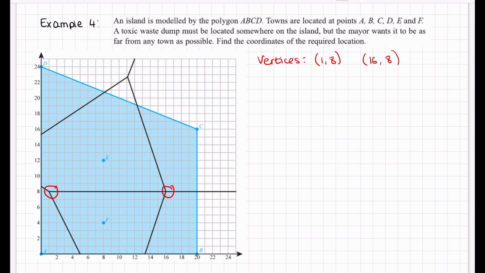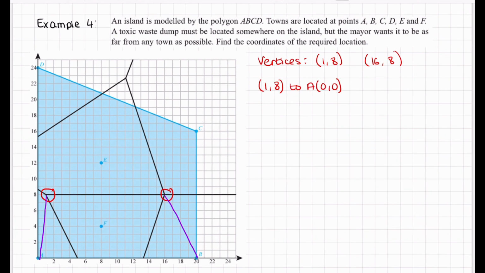Now these vertices, we have to remember, will be equal distance to each of the sites because of the perpendicular bisectors. So therefore we actually need to check one length for each vertex to work out which is the furthest away. So I'm going to do the first vertex to point A and the second vertex to point B, to see which distance is the furthest, and that will tell us where this toxic waste dump needs to be placed.